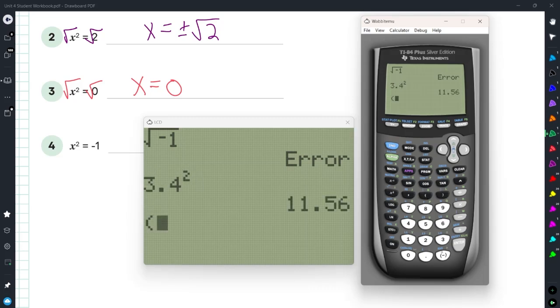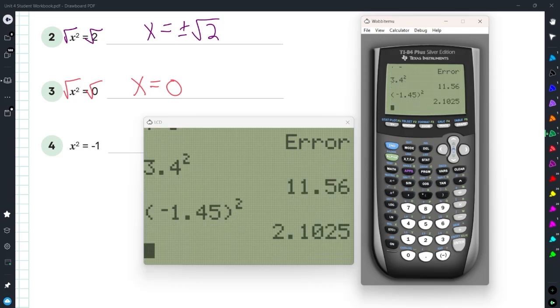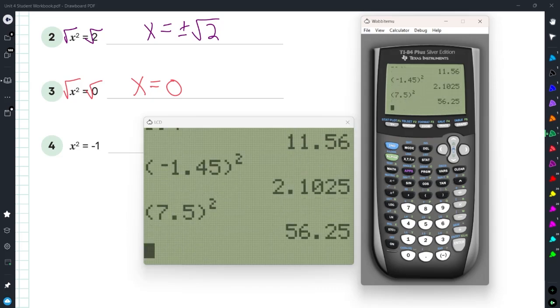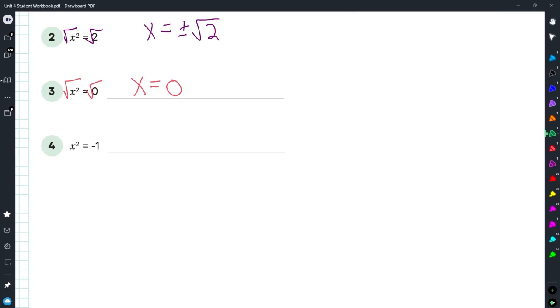If I do any negative number, like negative 1.45, and raise that to the second power, I get a positive number. So no matter what number I raise to the second power or square, it's always going to be positive. So there's no number that I can square and get a negative answer. So this is no solution right now.